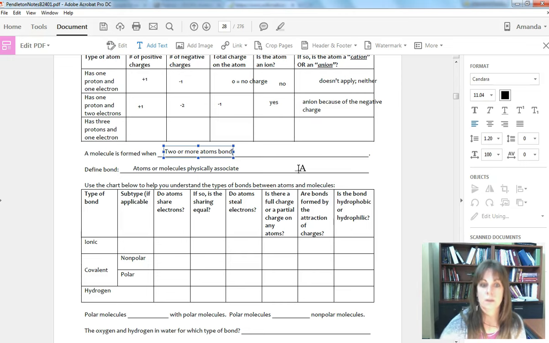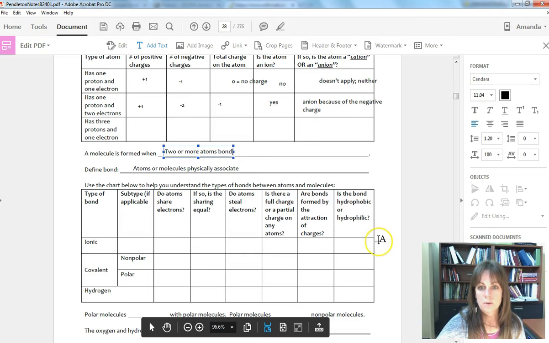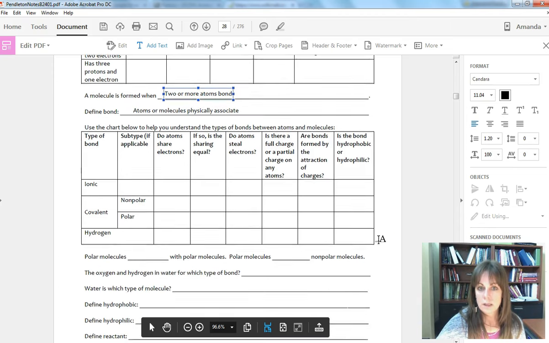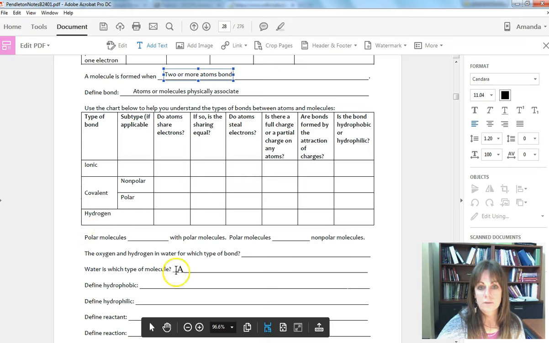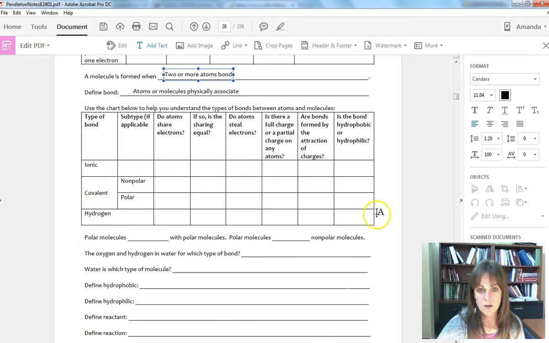As we go through this, we're going to be eventually filling out this chart right here. There are 4 different types of bonds. If you look here, there's ionic, covalent, and hydrogen, but covalent has 2 subtypes, nonpolar and polar.